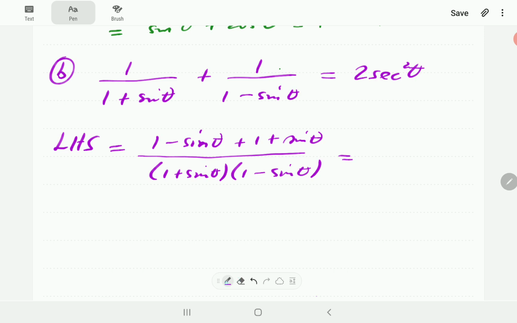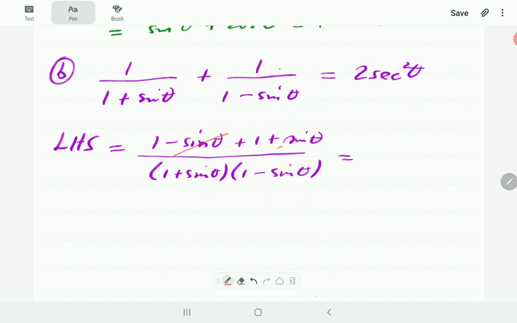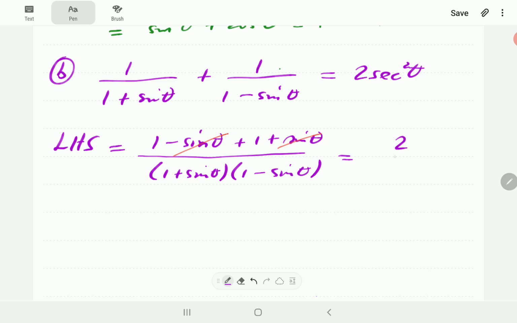The sine terms are going to cancel out in the numerator. Put minus sign here, plus sign here, so we're just going to have 2 over 1 minus sine squared, difference of two squares.